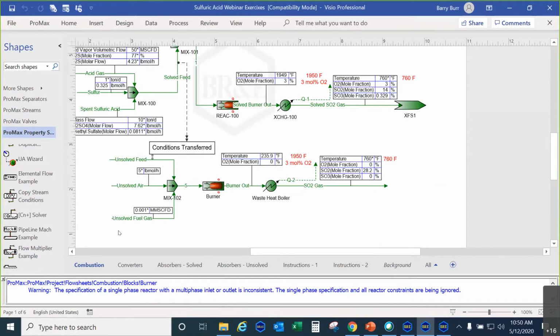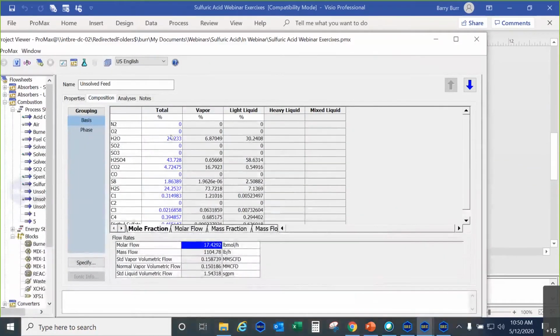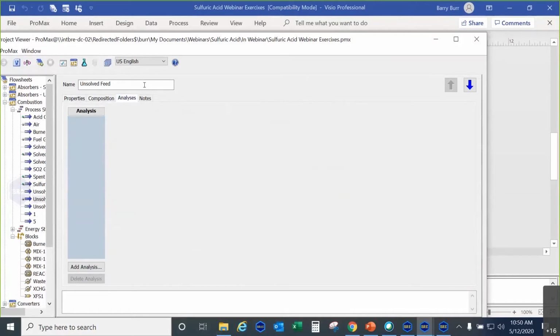Okay, next thing the instructions asked to do is to add a combustion analysis to the unsolved feed to get an idea of how much oxygen is required to combust this stream. So in the unsolved feed stream here, we have the composition, and we see that there are a lot of species that could oxidize, but we don't know how much oxygen is really needed for that.